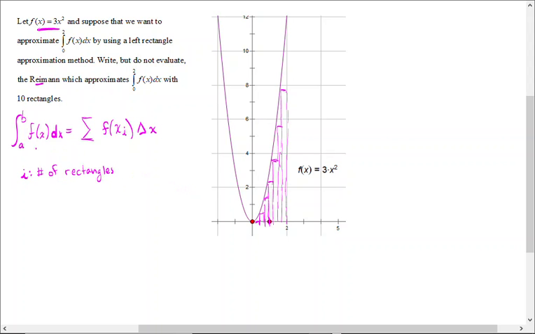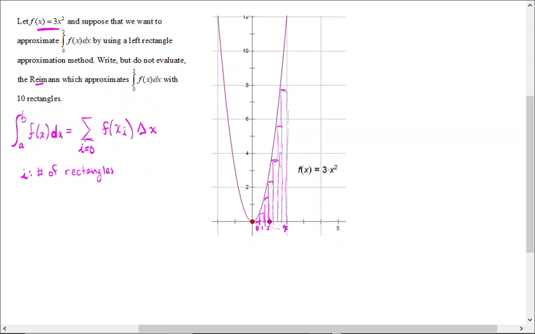Okay, so if we're doing a left Riemann sum, the first rectangle is actually going to be numbered 0. Typically, though, we do right Riemann sums so that we can just go from 1 to 10. But if we number the first rectangle 0, then that would be rectangle 0, rectangle 1, rectangle 2, and so forth, all the way up until we get to rectangle 9.